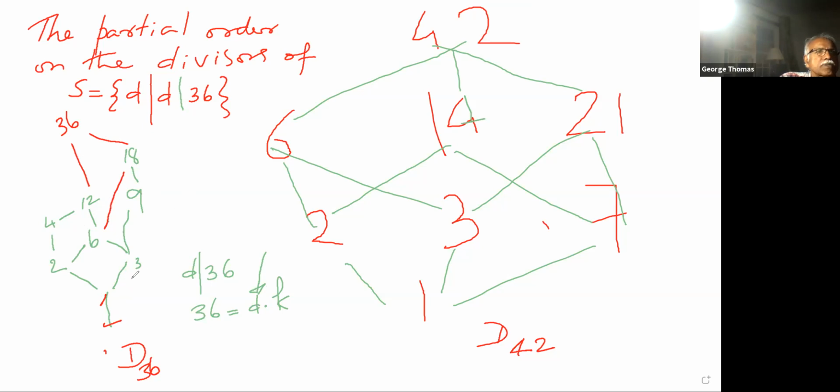It turns out they form a partially ordered set where A less than or equal to B if and only if A divides B.